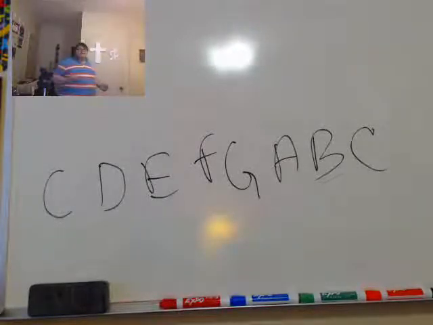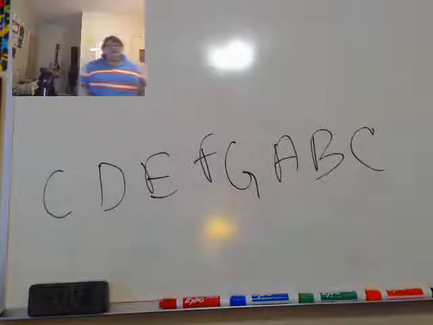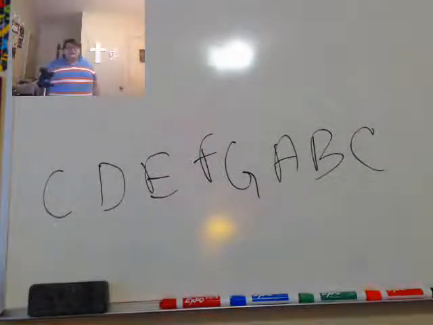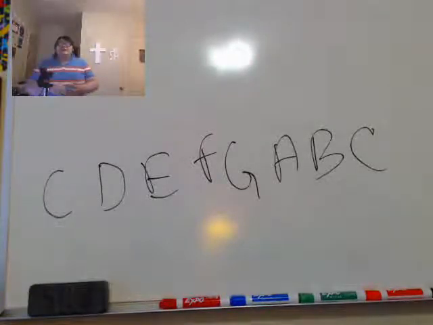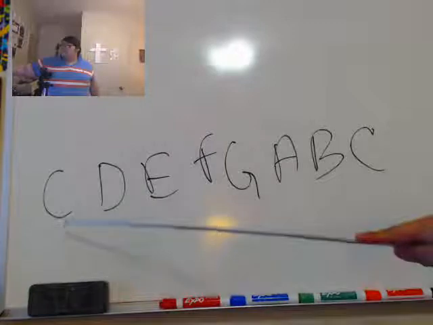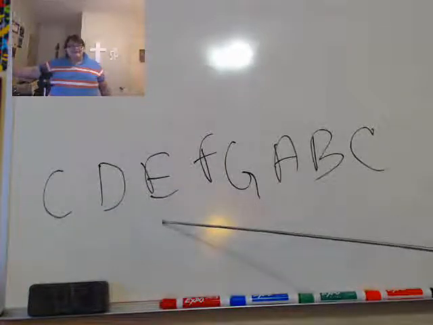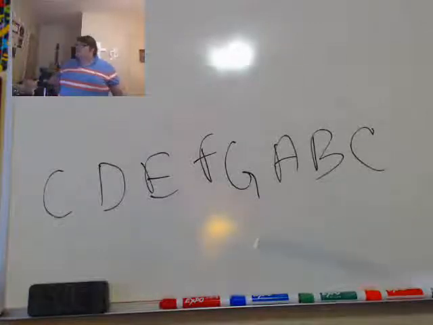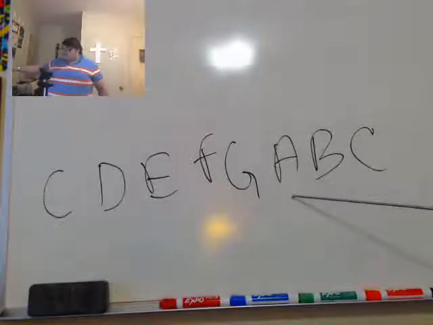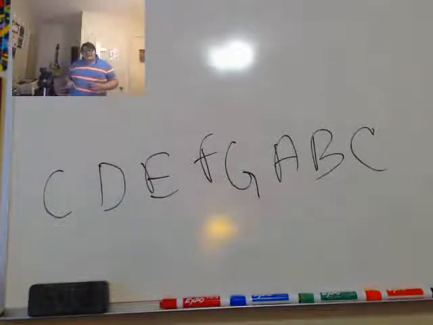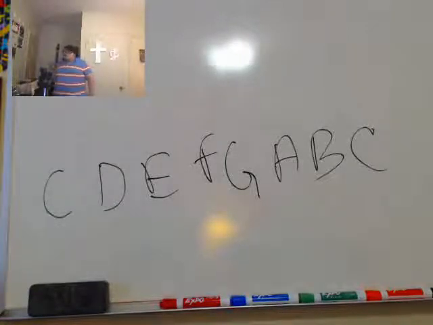Now, the chromatic scale is different because one thing that I will point out to you is that the key of C has notes in between. So there's a note in between this and this, a note in between this and this, and then there's a note between this, and then from this to this. So as you can see, there are notes in between.